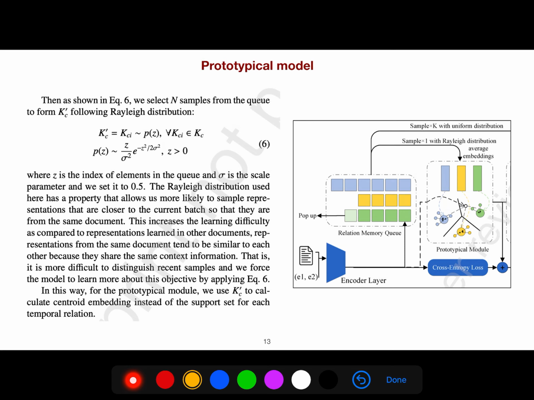Z here is the index of elements in the queue, and sigma here is the scale parameter, which we set to 0.5. The Rayleigh distribution has a property that makes us more likely to sample representations that are closer to the current batch, so that they are from the same document.